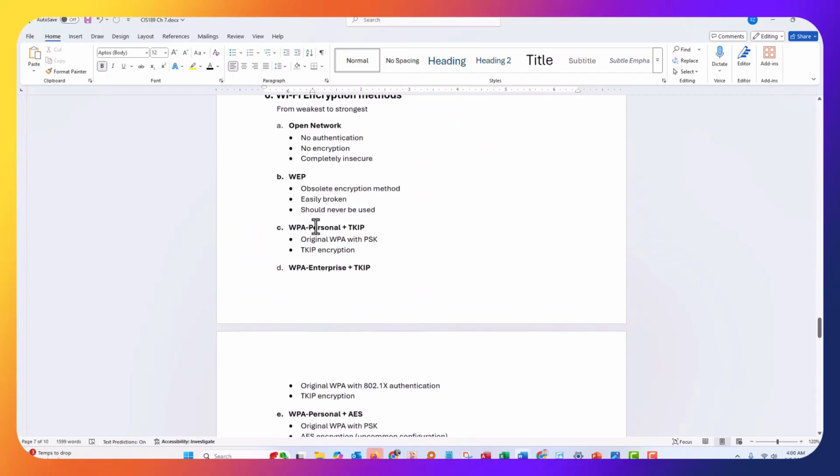The other thing you'll notice here is something called TKIP, Temporal Key Integrity Protocol. Now, what in the world is that? Well, here's the thing. We wanted to use a stronger encryption method called AES. And we just simply didn't have it ready yet. In other words, most of our computers at the time didn't have AES encryption capability on them.